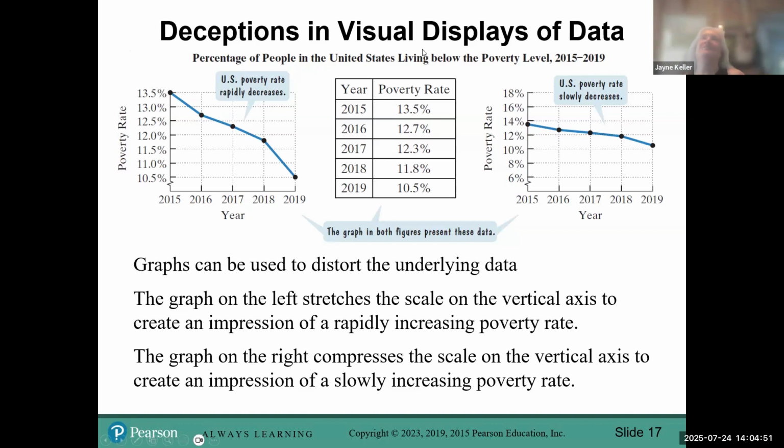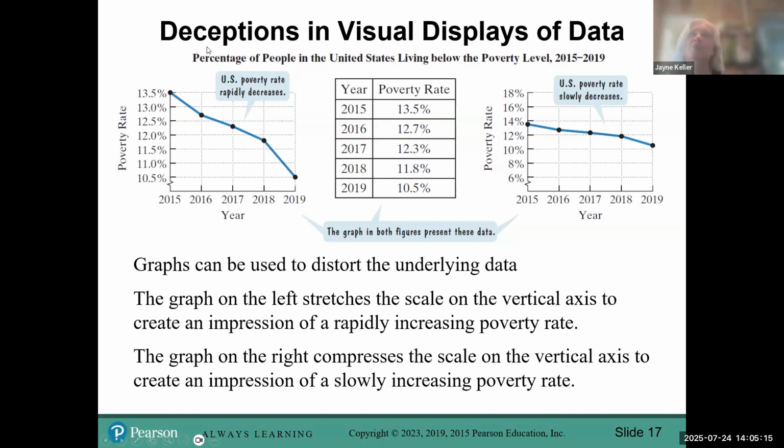Okay, on to deceptions. So you probably studied this in statistics too. People often use statistics and graphs, presenting data in a way to make you believe what they want you to believe. So this is something you want to look out for when you're looking at a graph.